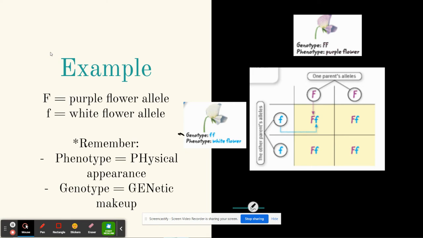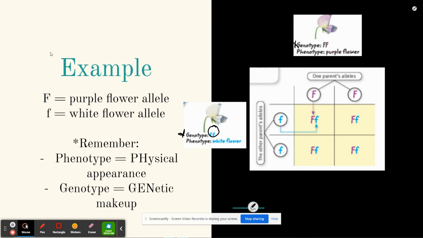We have one here. This parent has a phenotype of a white flower, and the genotype for this is the two little f's. Our second parent up here on top has a phenotype of a purple flower and a genotype of two big F's. So we know the dominant big F allele will result in a purple flower.